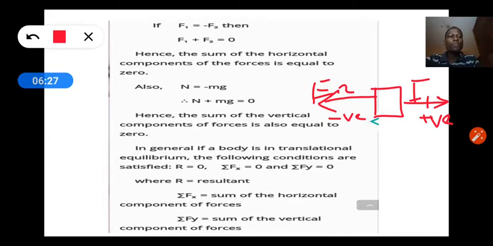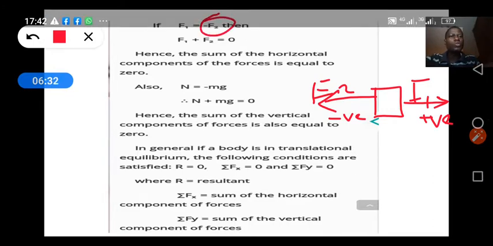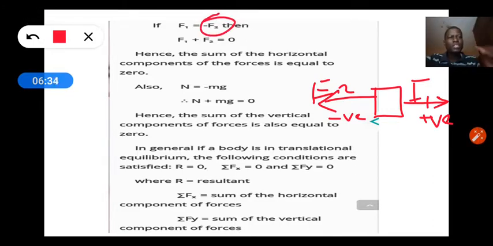So if F1 is equal to F2, the negative we are seeing here only indicates the direction of the force, that the forces are in opposite directions, but their magnitudes are the same. The negative that I circled there indicates that the force is acting in a direction opposite to F1.